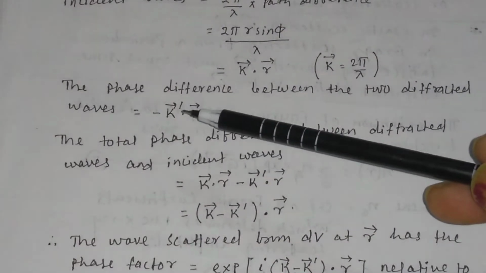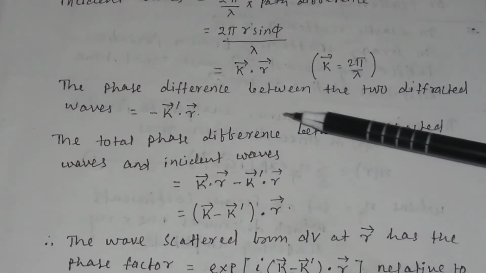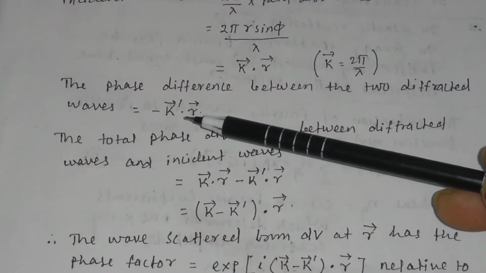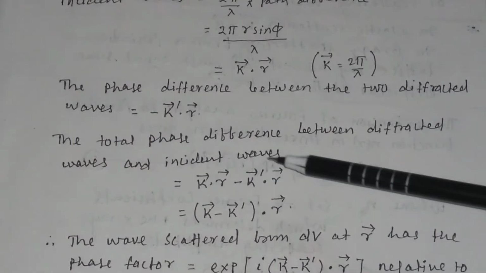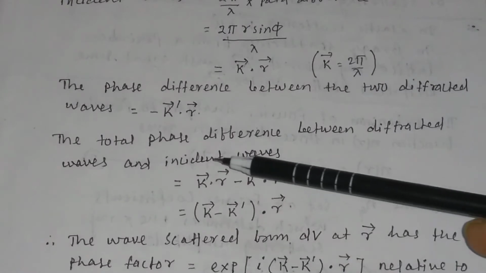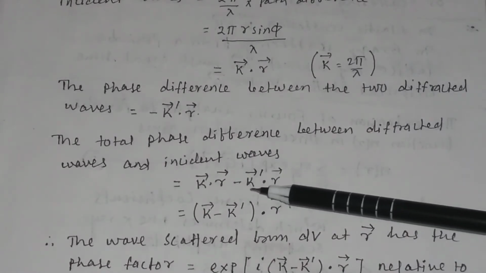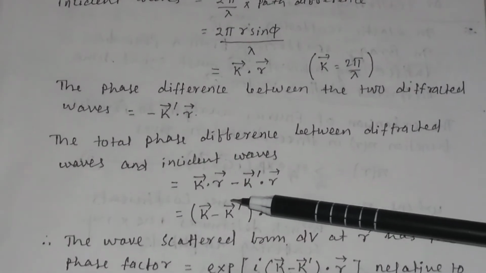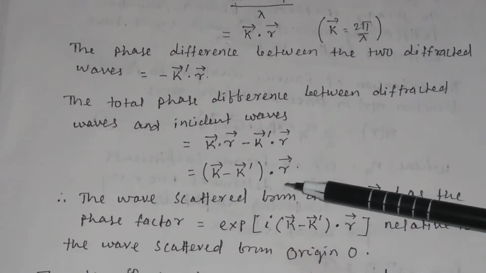Similarly, the phase difference between the two diffracted waves will be equal to minus k dash dot r vector. So what will be the total phase difference between the diffracted waves and incident waves? The phase difference will be k dot r minus k dash dot r, which is k minus k dash dot r.